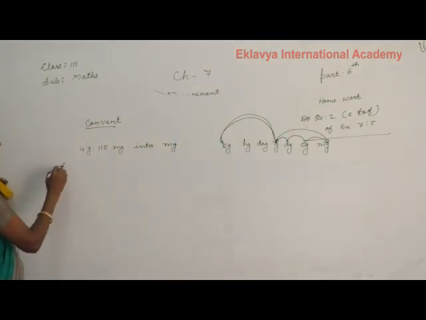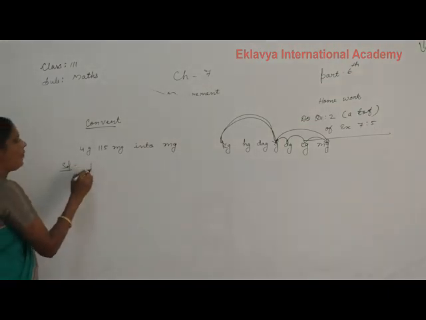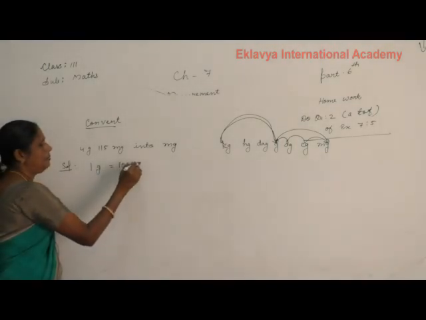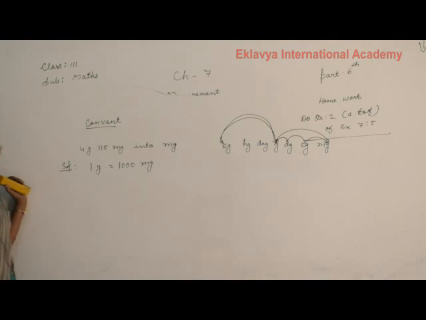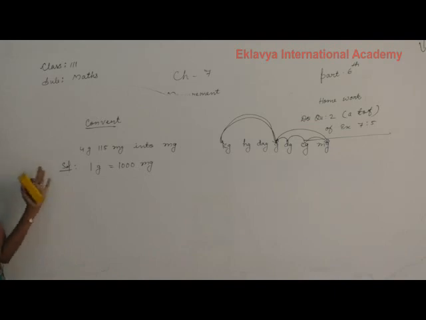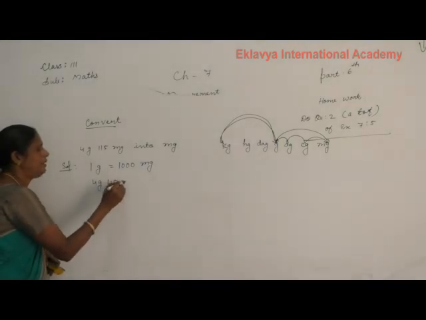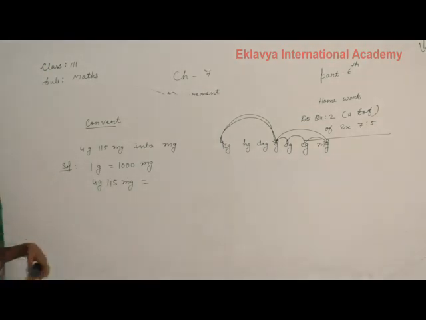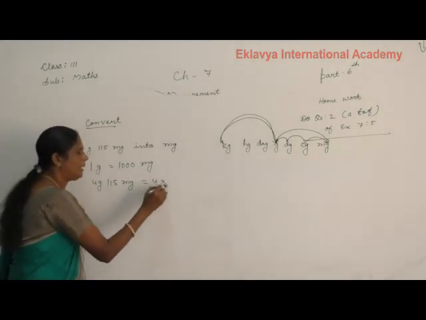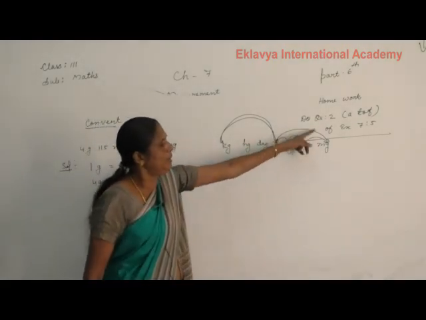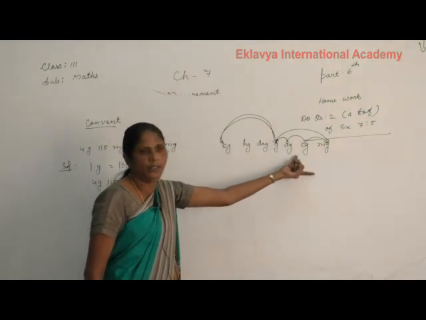Then solution: 1 gram is equal to 1000 milligram. How many gram do we have here? 4 gram. 4 gram 115 milligram is equal to 4 multiply, gram into milligram, what do we do? Multiply by 1000.